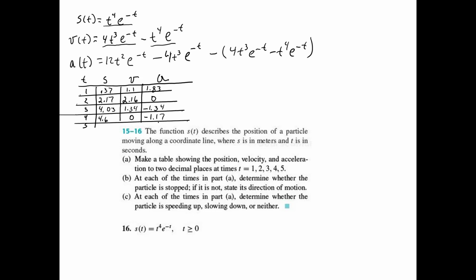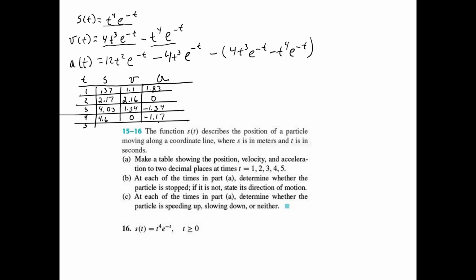I would argue that we are speeding up because when you have a velocity of 0, and you have a changing velocity, you have an acceleration, then you are speeding up. Okay. And so even though they have opposite, well, 0 doesn't have a sign. 0 is neither positive nor negative.